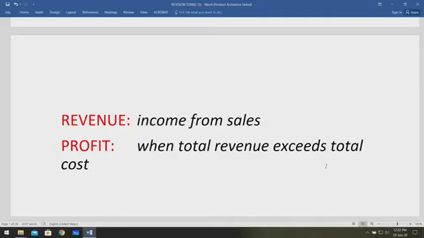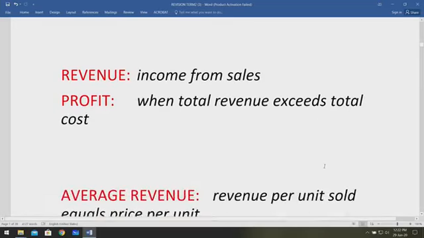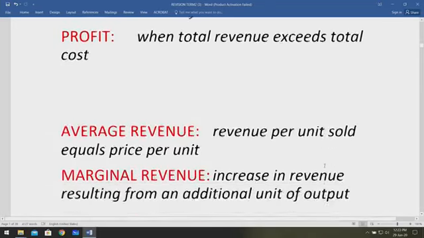Your profit, on the other hand, is when that revenue that you've earned from the sales is greater than the cost of your production or the cost of acquiring the goods. So when your revenue exceeds your cost, that gives you your profit. Once again, revenue is just money received from sales, whereas profit is the difference between the revenue and the cost.